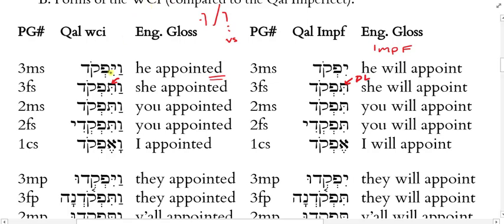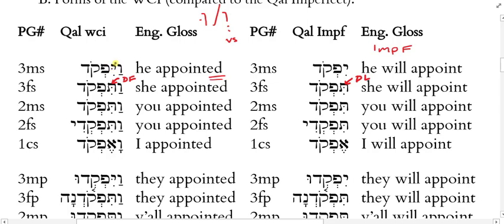Over here, this dagesh is a dagesh what? That's a dagesh forte. How do I know that's a dagesh forte since tav is a begadkefat letter? Well, there's two reasons. Number one, if I go back to the 3MS form, vayif code, the pattern is to always put a dagesh forte in the prefix consonant.